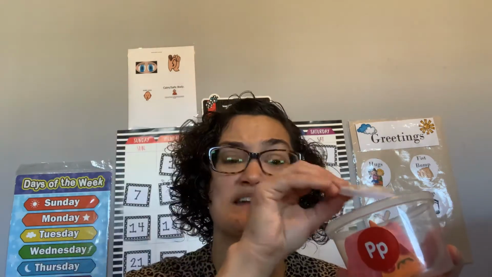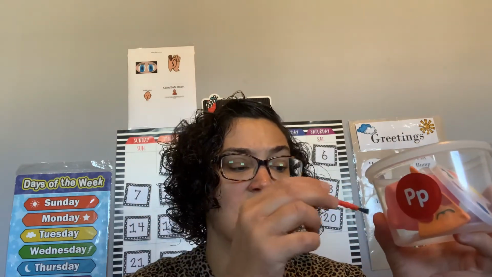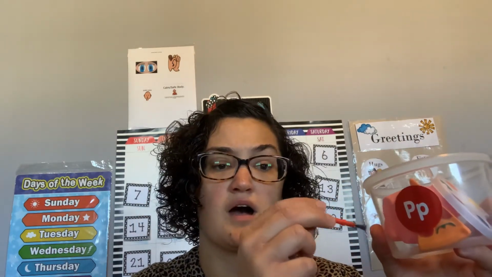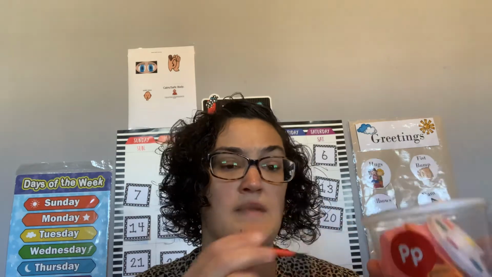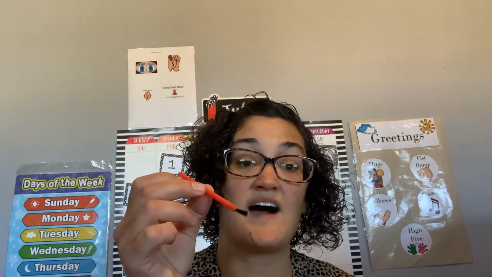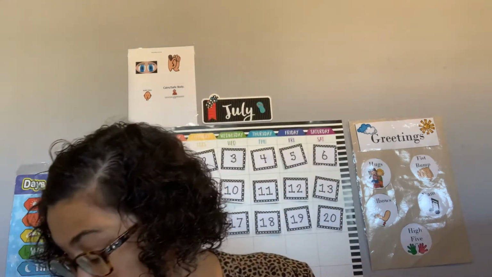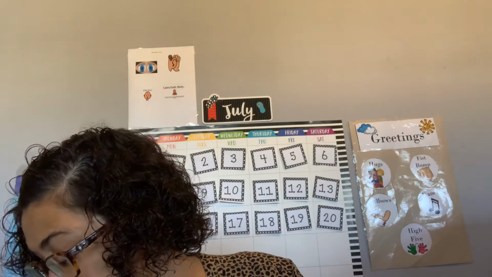Paint. Paint goes in the P bucket because it makes the P sound. And then I have this, and I can do it up on my nails. What is this called? Paintbrush. Great job, everybody. We have a few more things for the P bucket.